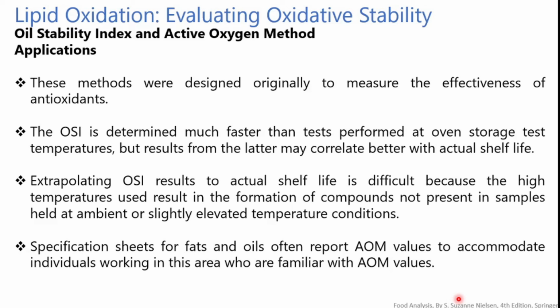Extrapolating OSI results to actual shelf life is difficult because the high temperature used results in the formation of compounds not present in the sample held at ambient or slightly elevated temperature conditions. The specification sheets for fats and oils often report AOM values to accommodate individuals working in this area who are familiar with AOM values.